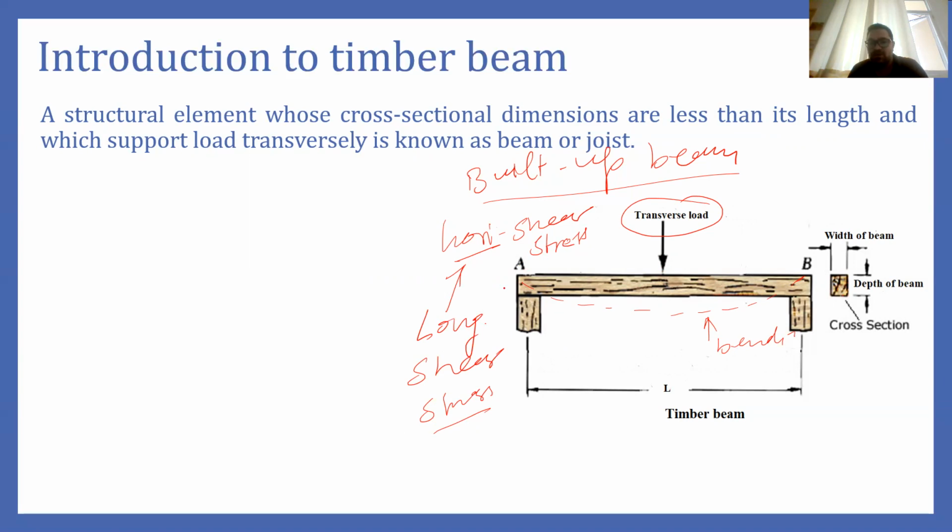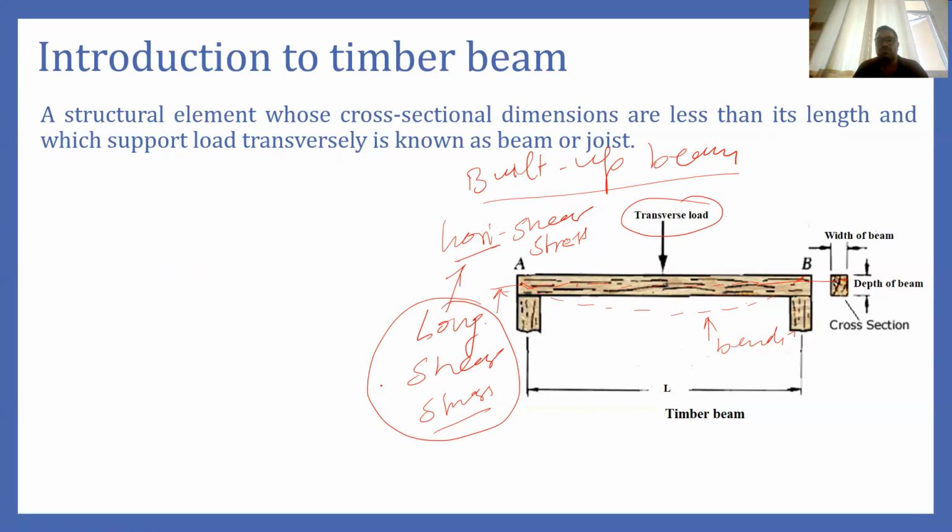So basically, when the beam will bend, say if I consider this as the neutral axis, then above neutral axis, the fibers will try to compress. Below the neutral axis, fiber will try to stretch. So because of this compression and tension, the fiber will try to slide along the neutral axis. So this sliding effect is caused because of the effect of longitudinal shear stress.